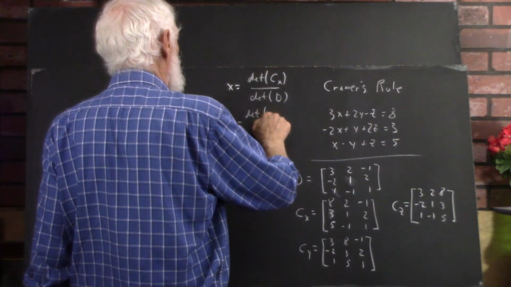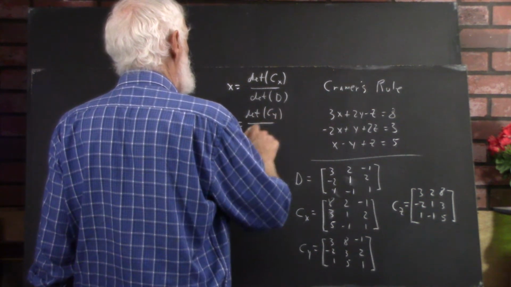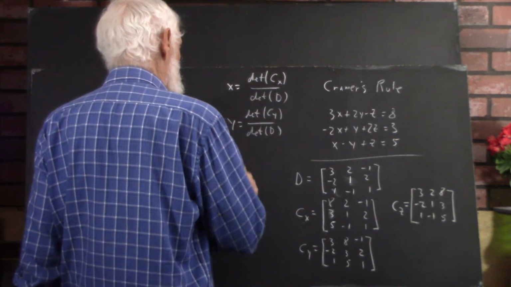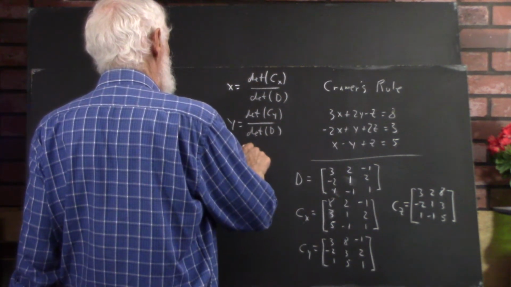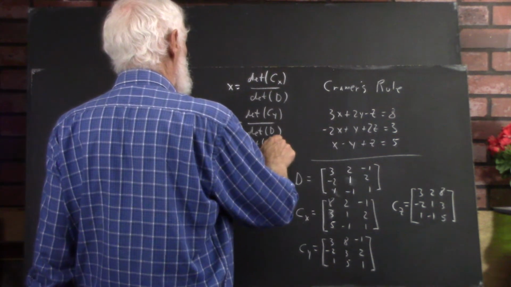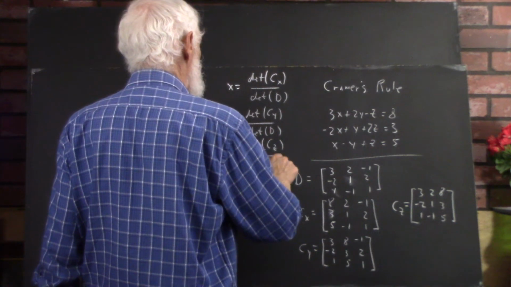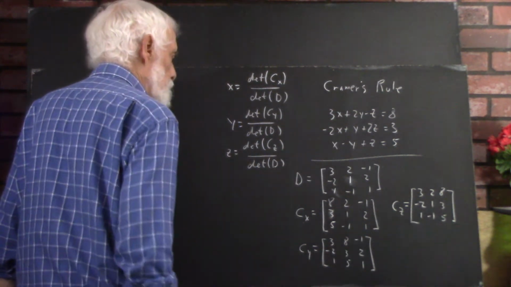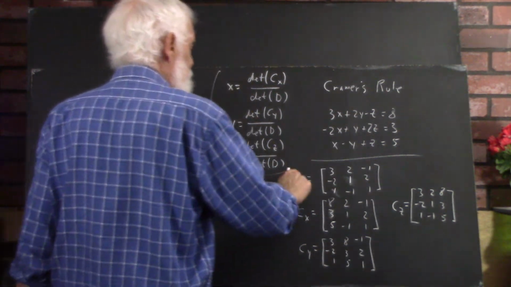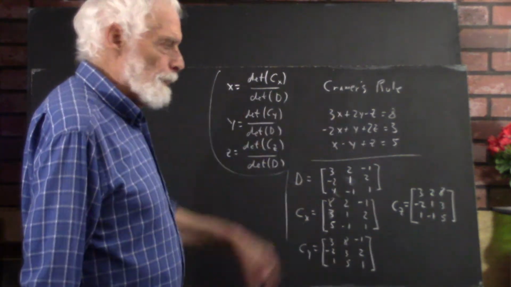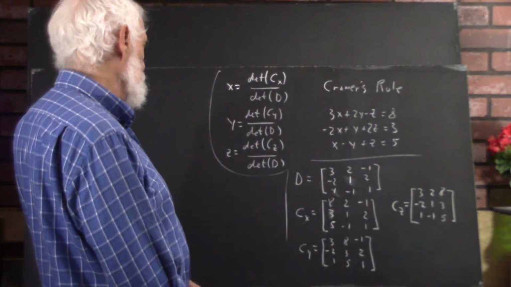Y is the determinant of CY over the determinant of D. And Z is the determinant of CZ over the determinant of D. Now you easily put the numbers in, calculate the determinants.